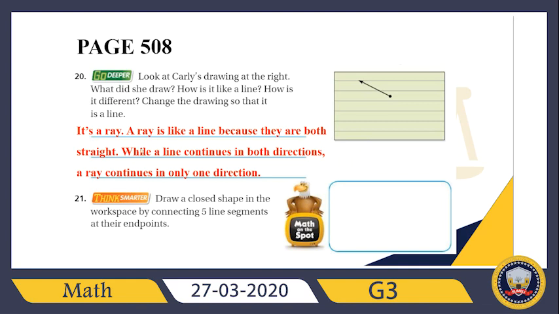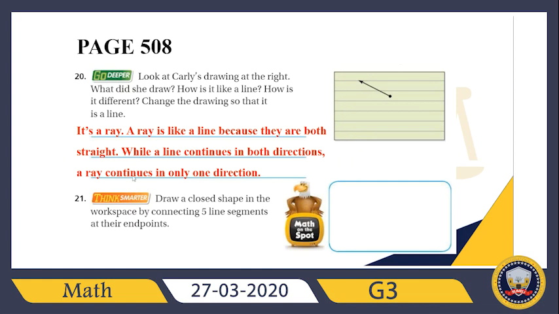I know while a line continues in both directions, a ray continues in only one direction, because the other direction has an endpoint. So this is the difference between a ray and a line, but both of them are straight. So if both of them are straight, I'll say this is their similarity.